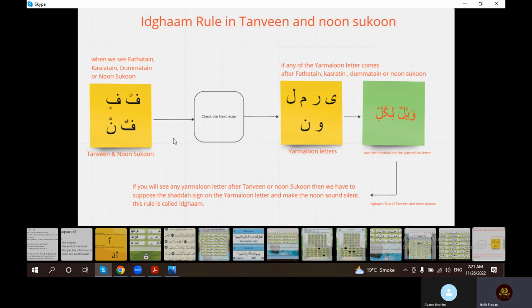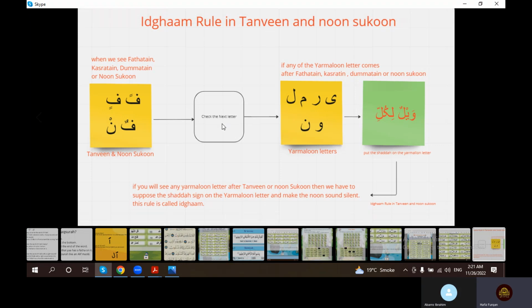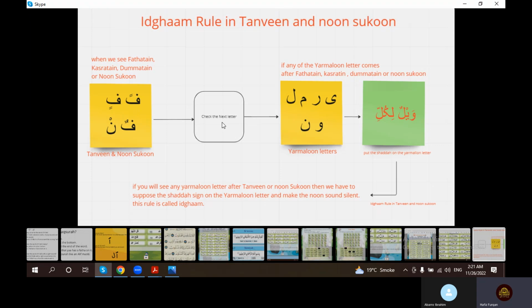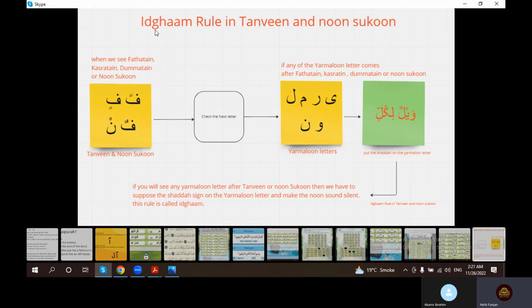You are going to get new versions of the rules, but the basics are going to be the same. You have to check the tanween. If we have any tanween or noon sukun, then you have to check the next letter. So remember the four steps for doing the idgham rule. Do you understand it?